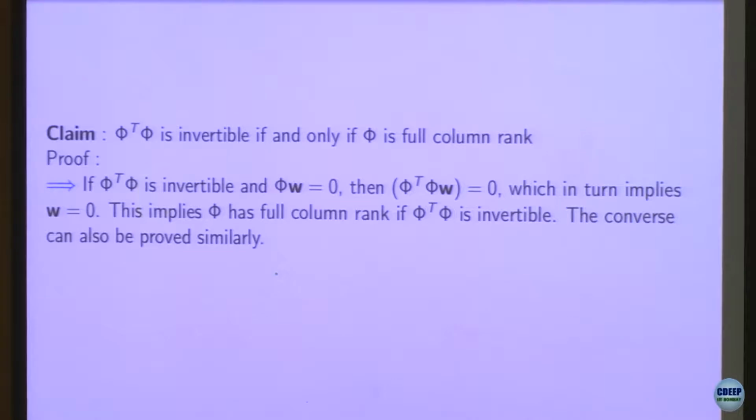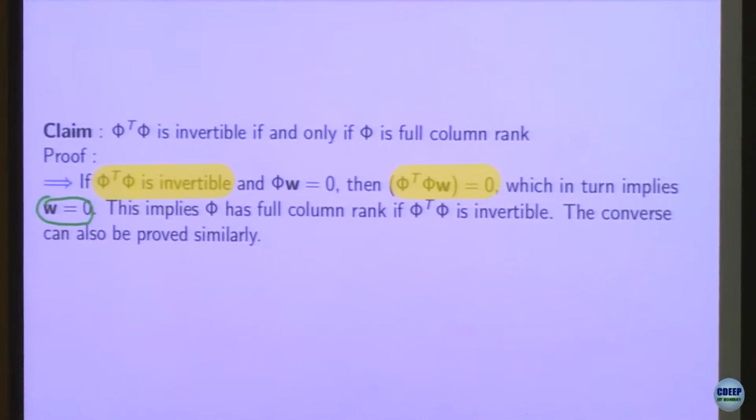But then these two, the fact that phi transpose phi is invertible and phi transpose phi W equals 0, will imply that W equals 0. Why? Because if phi transpose phi is invertible, it will have full column rank.